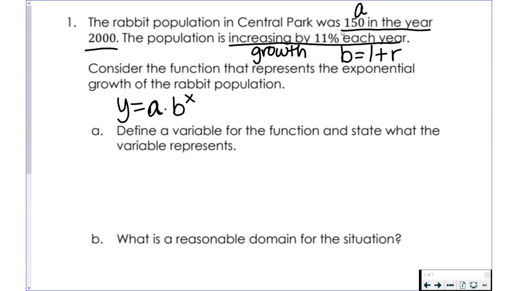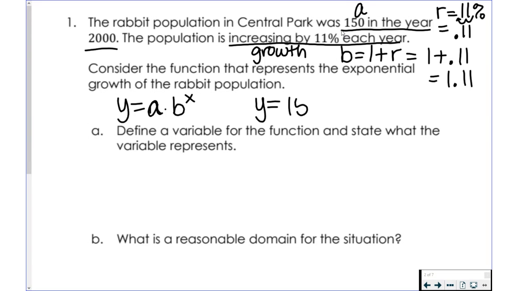Now, our rate is 11%, but you never want to plug it in as a percentage. Move the decimal place, and it's 0.11. So B is 1 plus 0.11, or 1.11. So the function, we have A is 150, B is 1.11, and it's raised to the x power.